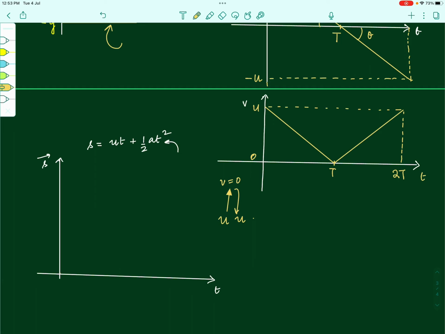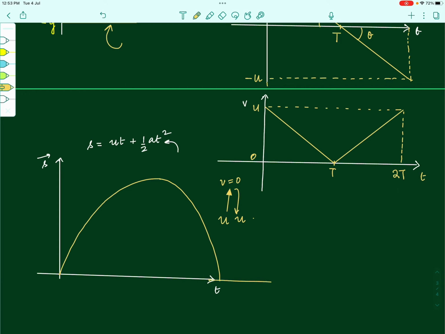Initially, the slope of the graph should be u, a high velocity with which the ball is thrown up. As the ball moves up, the slope of the graph decreases. As it reaches the highest point, the slope of the graph becomes 0. So, the graph becomes flat, parallel to the time axis, and then it starts coming down because the velocity becomes negative now, and let me draw it again, like this it will look.